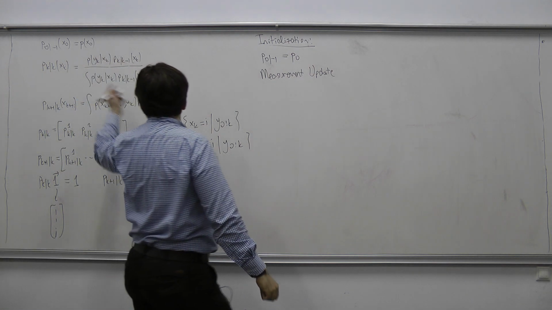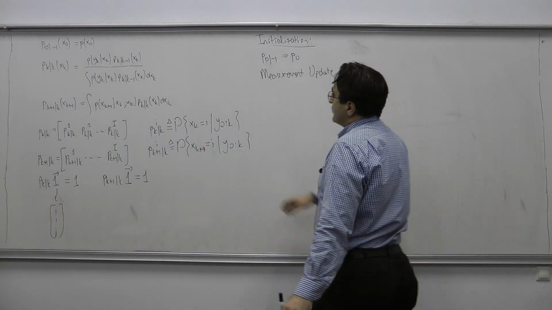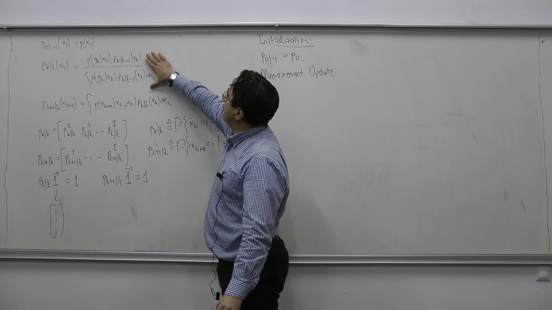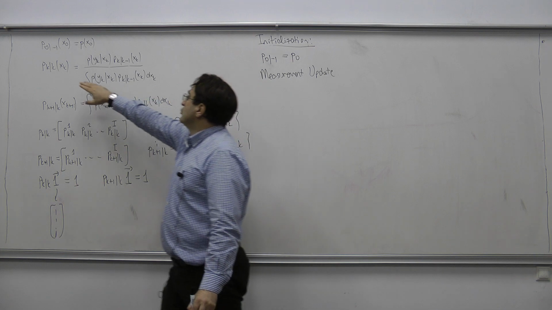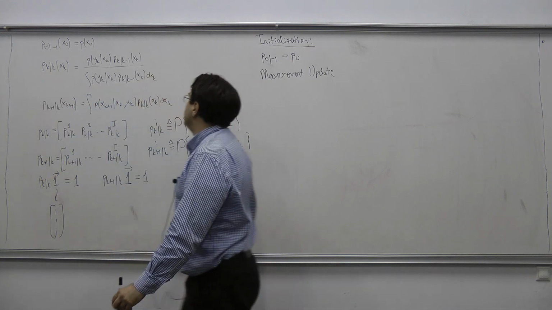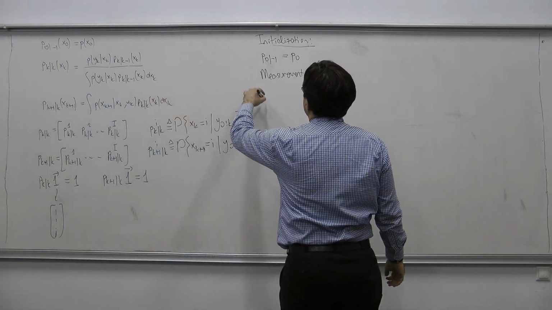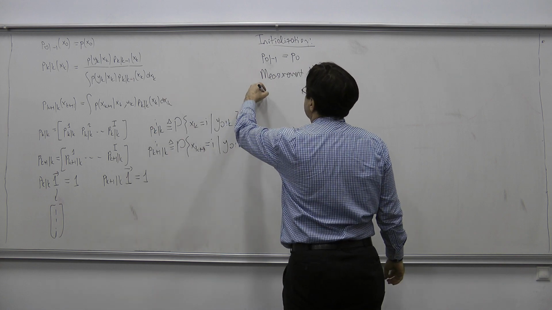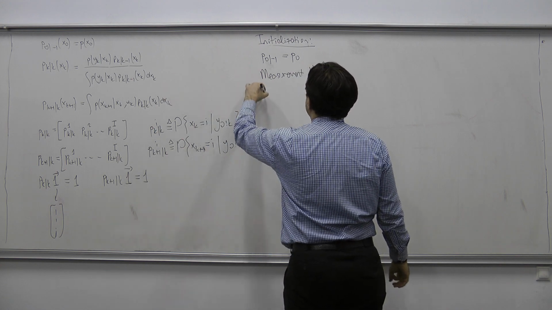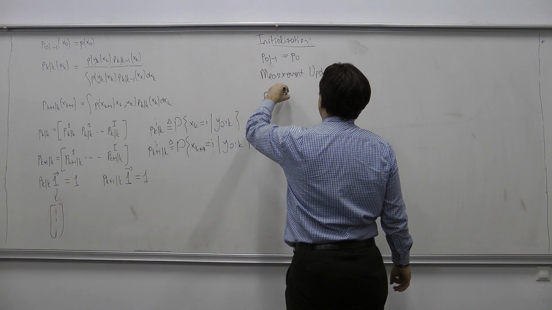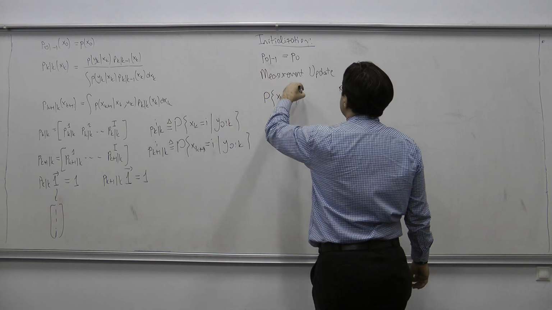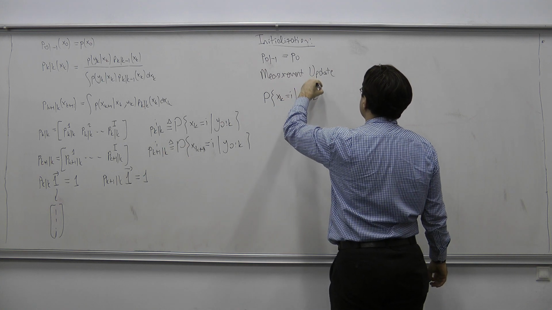So here is what I'm going to do. I'm going to write the equivalent version of this one. I know that p_{k|k} for the case of a Markov chain is this: the probability that x_k is equal to i given y_{0:k}.